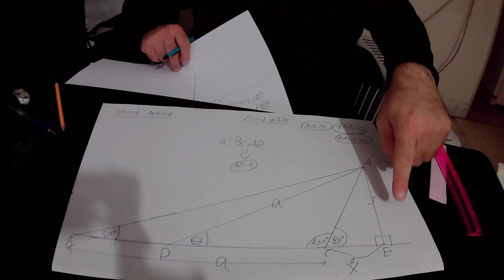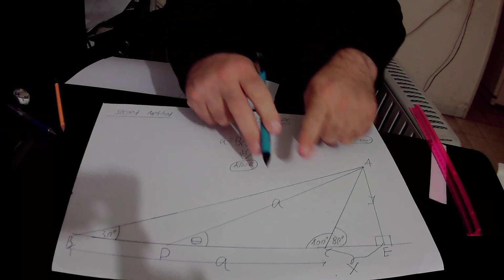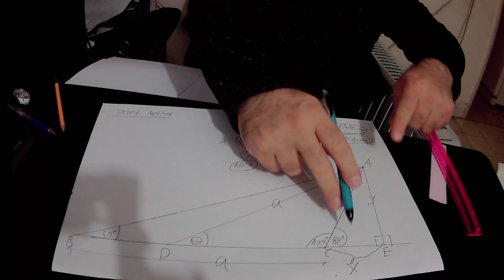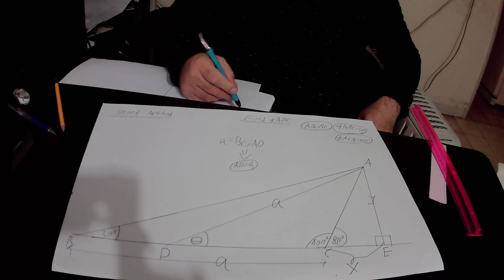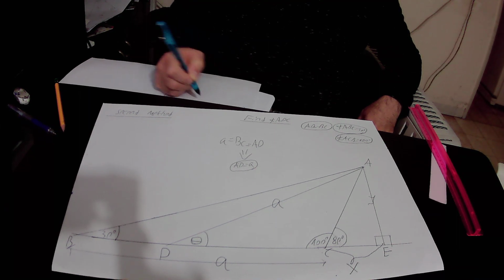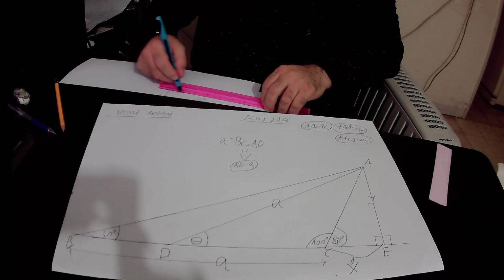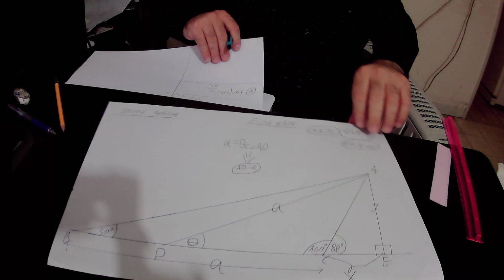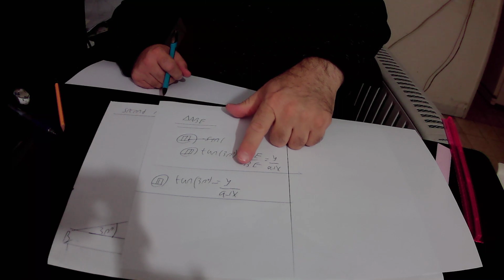According to our definition, AE equals Y, and BE equals A plus X. So in conclusion, according to equation number 3, tangent 30 degrees equals Y over A plus X.